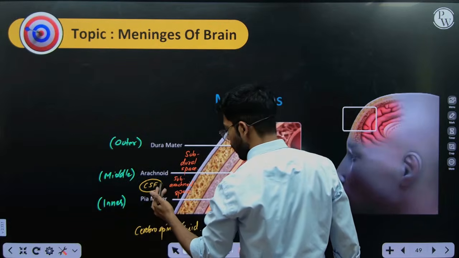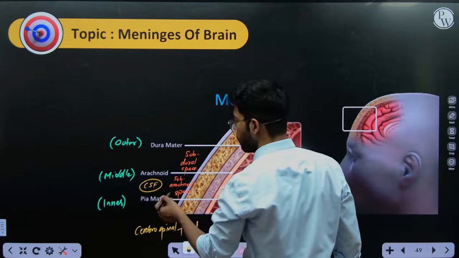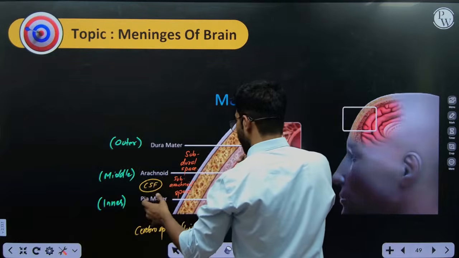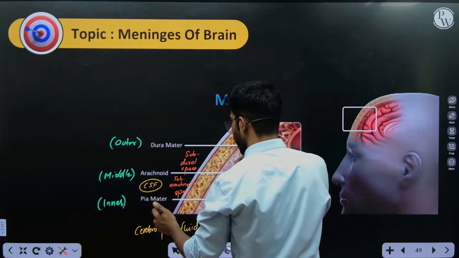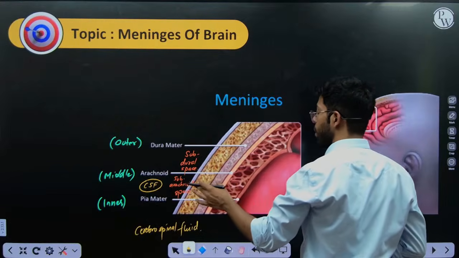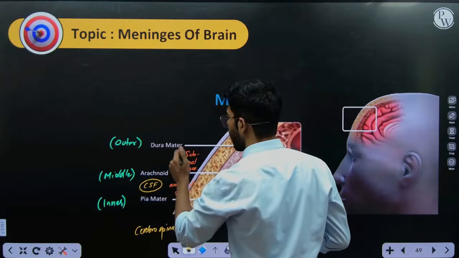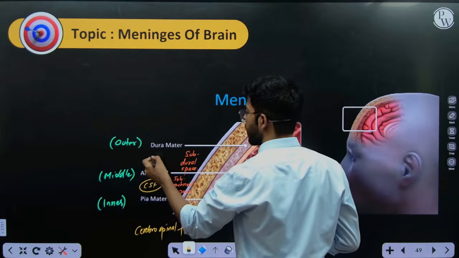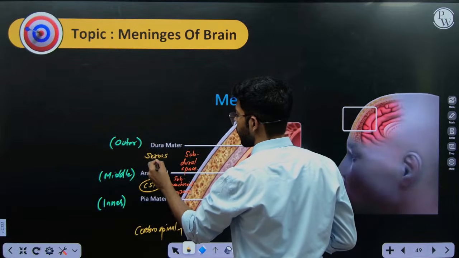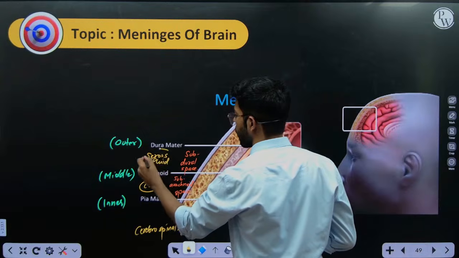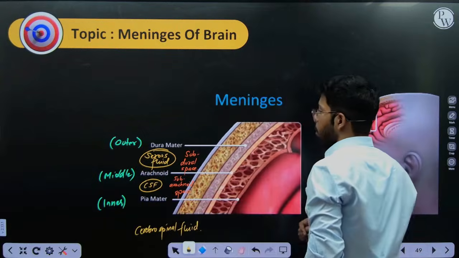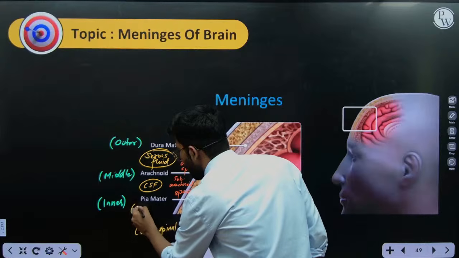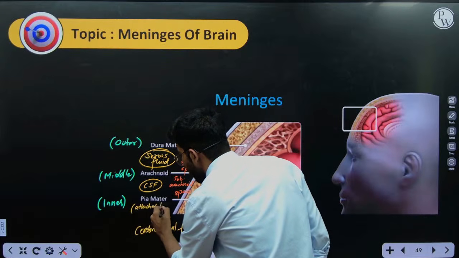The cells of the brain can release the excretory component to the cerebrospinal fluid. It provides nourishment or nutrition to the cells of the brain. And between the arachnoid and dura mater, the subdural space, there is a serous fluid present. So dura mater is the outermost, and the pia mater is attached to the brain.